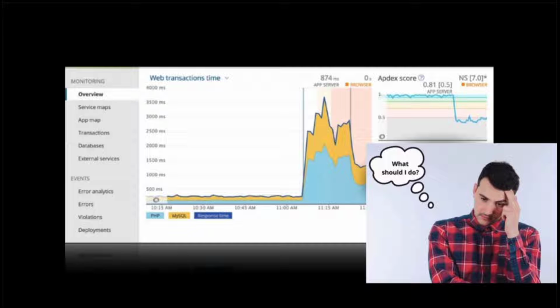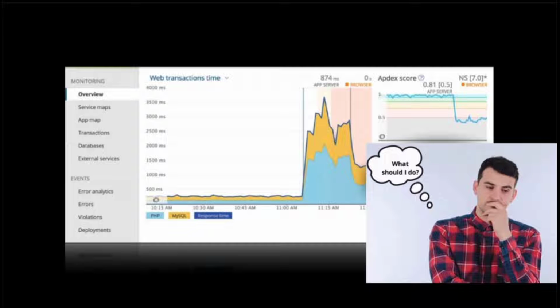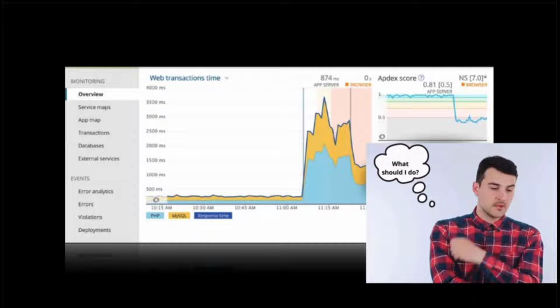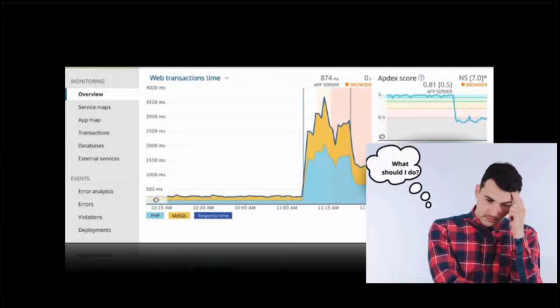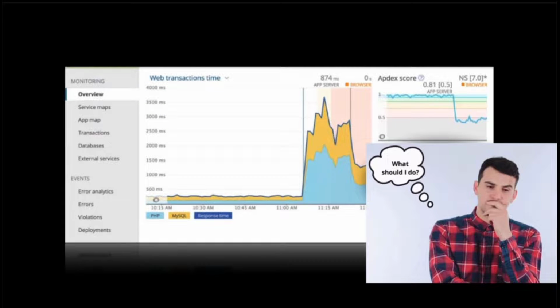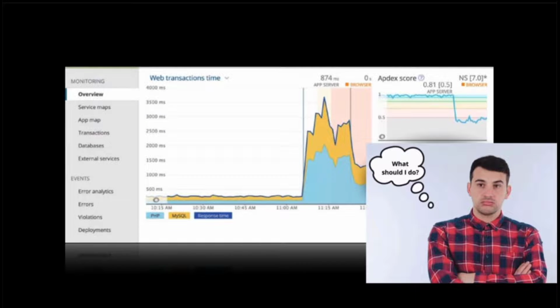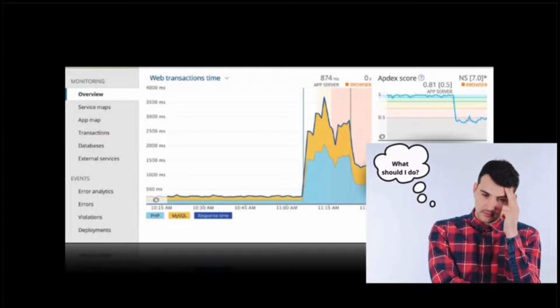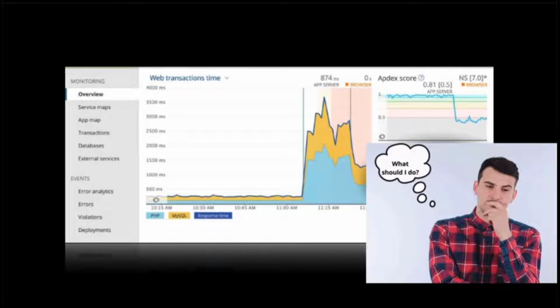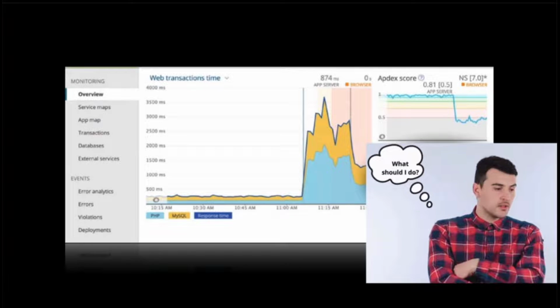It looked like about 11:05 in the morning. What happened at 11:05? Did we deploy a new version? Oh, we did. Oh, what's wrong with that new version? I don't know. I'll have to start poring over the log files. All kinds of things happen that make it very difficult for you to use the limited error tracking information that you have in order to figure out what's wrong.